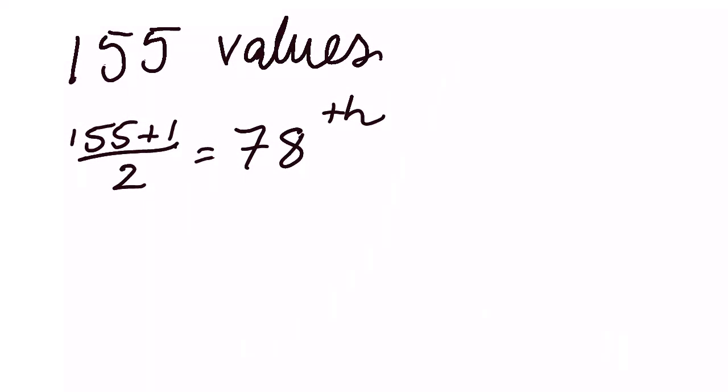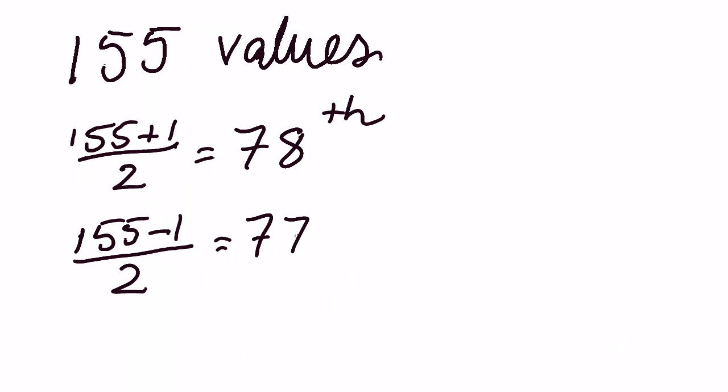Now I need to find the upper and lower quartiles. Now I started with 155, so that's odd. So that means I'm not going to use the middle value. So I'm going to now go 155 minus 1 over 2, which is going to give me 154 over 2, which should give me 77.